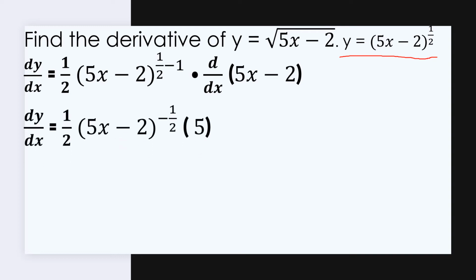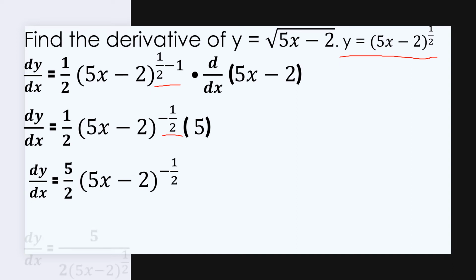So 1/2 times (5x minus 2) raised to 1/2 minus 1, which gives negative 1/2. 1/2 times 5 is 5 halves. No negative exponent, so it moves from numerator to denominator. The final answer is 5 over 2 times (5x minus 2) raised to the power of 1/2.